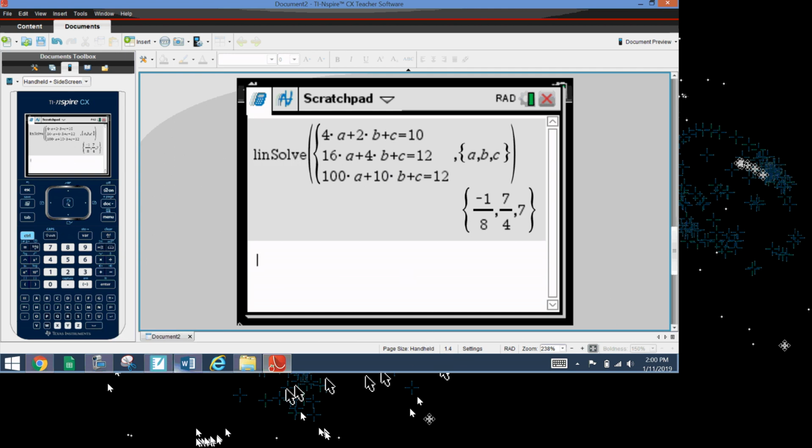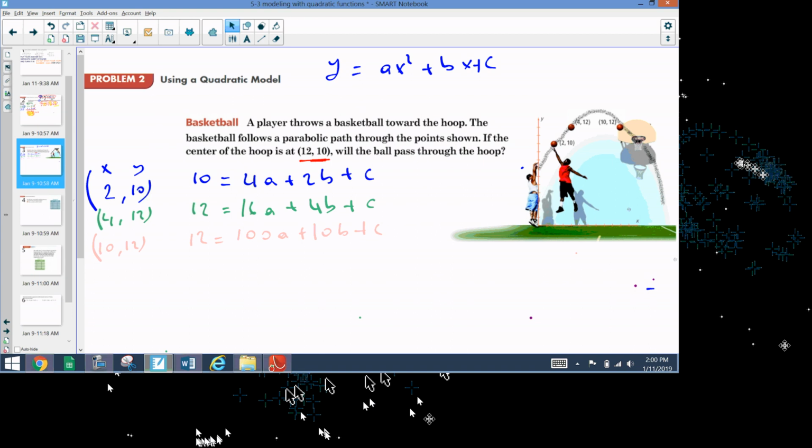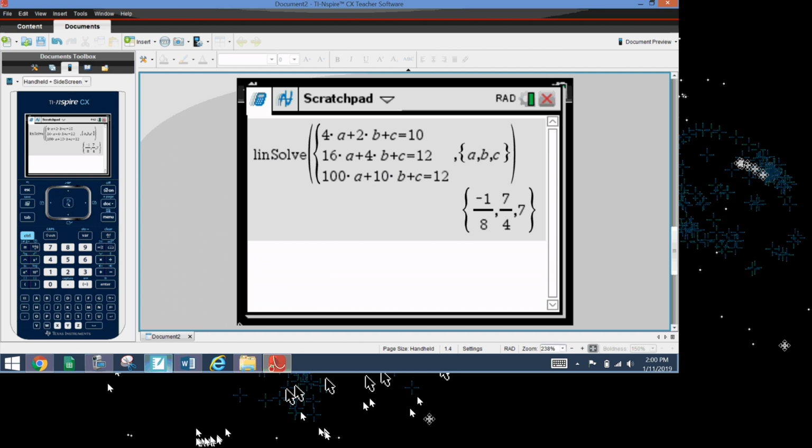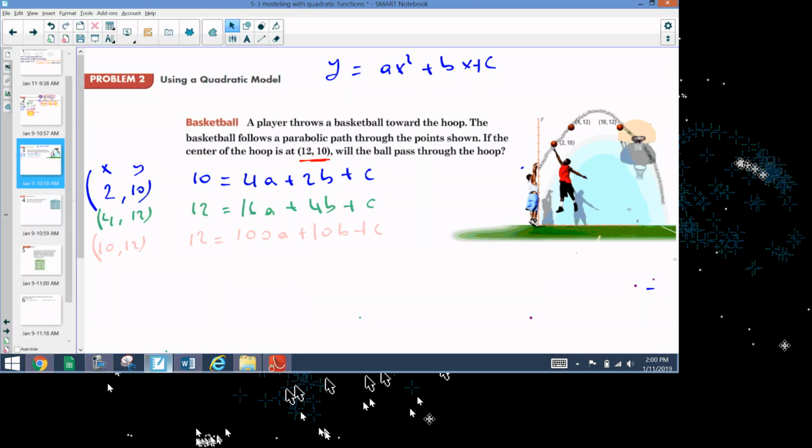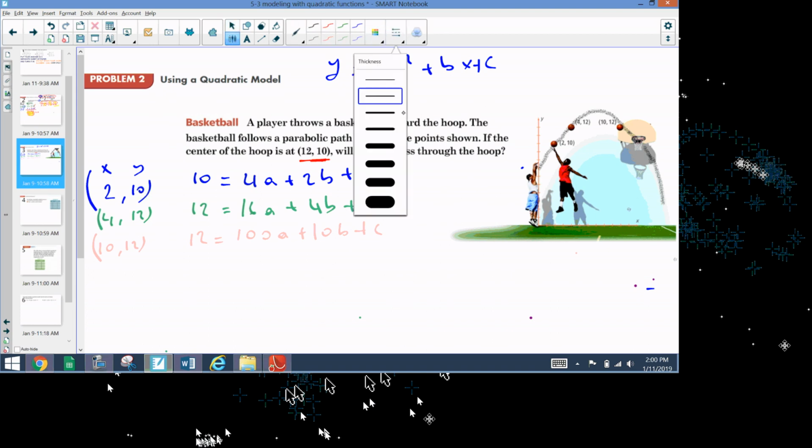A is negative 1 over 8. So y is equal to, what was A?